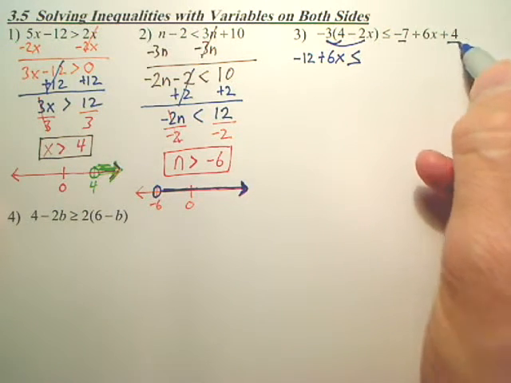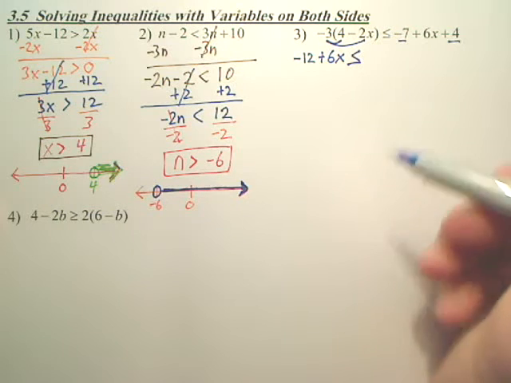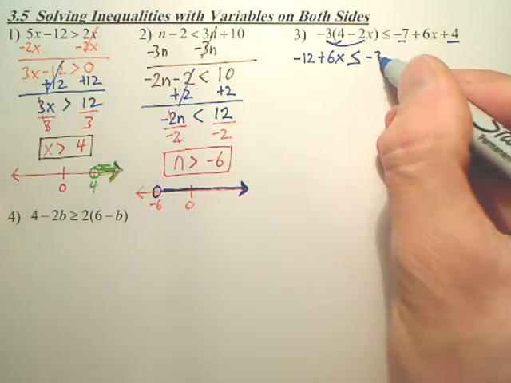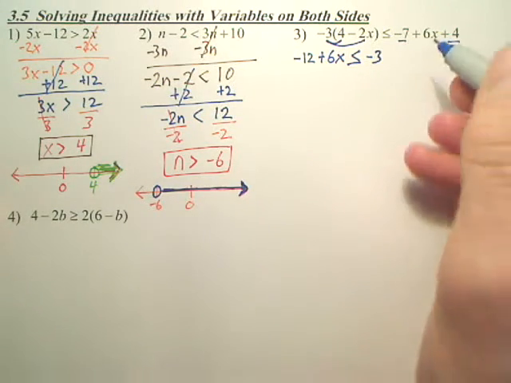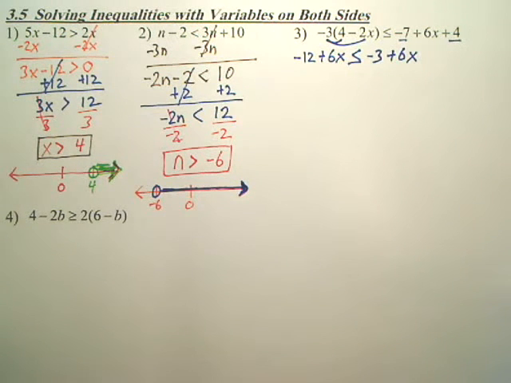And then can I combine these two right here? Combine like terms? Yeah. What's a negative 7 and a 4? Isn't that negative 3? And then the 6x has nothing to combine with. 6x is all by itself. Okie dokie.